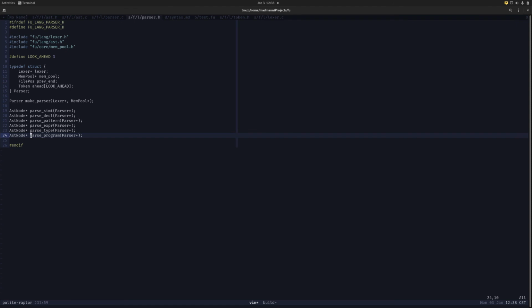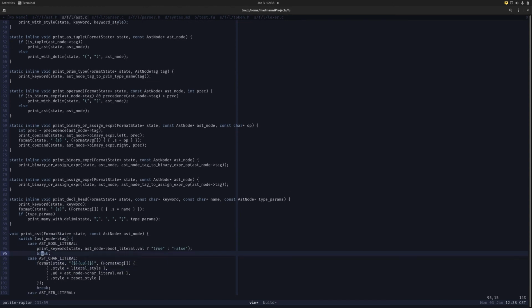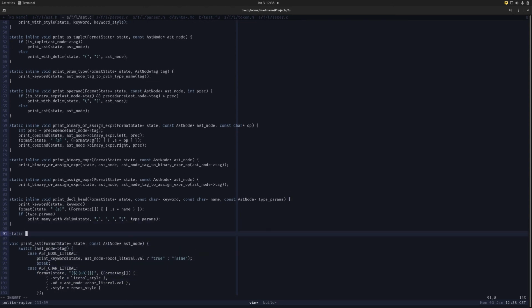To do this, I go back to the AST, this file, and I'm going to implement a small function to print an AST or an attribute list. So I'm going to do something like static inline void print AST or attribute list.